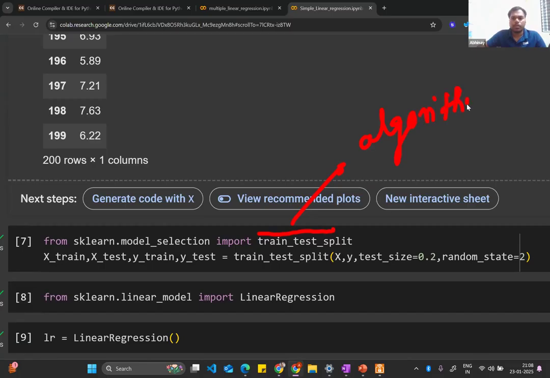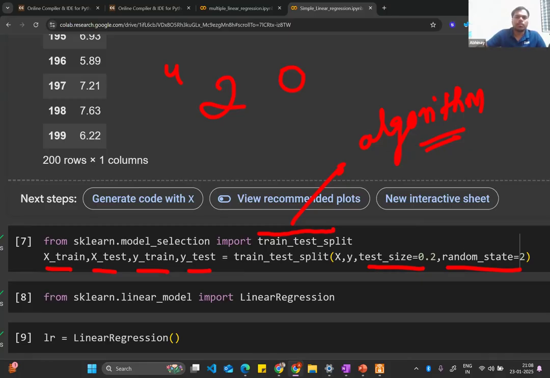This algorithm basically divides your data set into X train, X test, Y train, and Y test. The test size is 0.2 and random state is 2. I already told you what random state is. By default people go for 0 to 45, and any kind of value you can give to this random state.